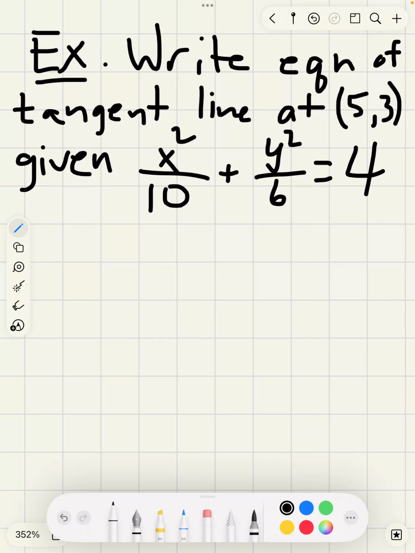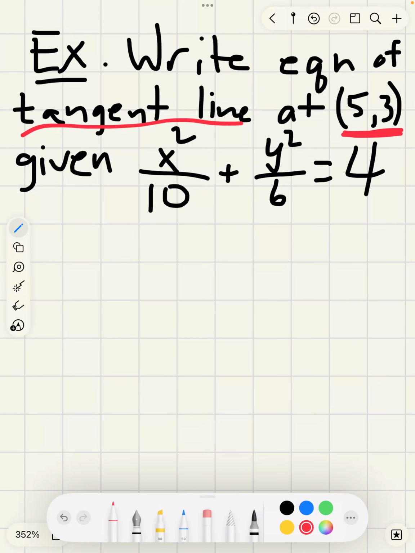So to start with, let's find dy dx, because remember, if I'm writing the equation for a tangent line, I need to know two things. I need to know a slope and I need to know a point. Well, I already know a point, so I need to go back and figure out what the slope is at that point.